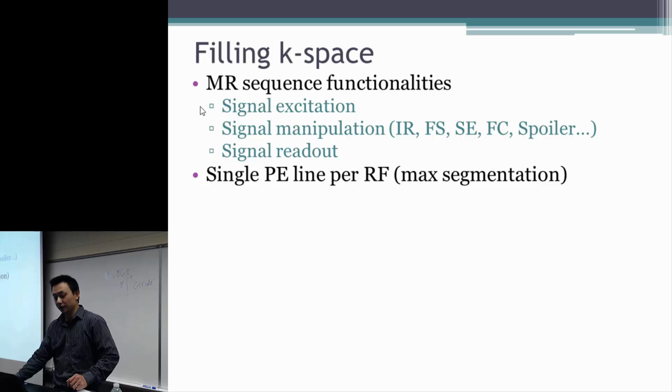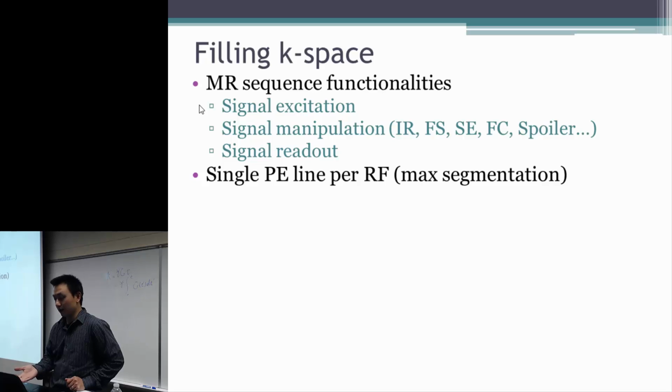Okay, so let's take a further look at how we fill the K-space. An MRI sequence basically has only 3 kinds of functionalities. The first one is signal excitation. You have to excite the signal, otherwise there's nothing for you to collect or manipulate. The second important part is signal manipulation.